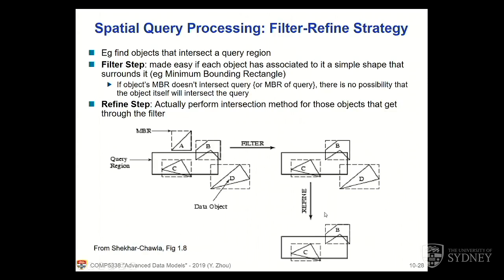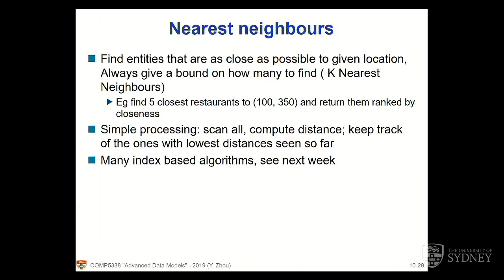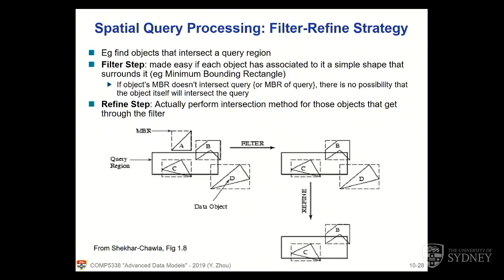The refine step gives you the final result. The filter step can usually be assisted with an index and done pretty efficiently, and the refine step is the more costly one. Okay, so that's the spatial range query, usually processed using 2 steps.